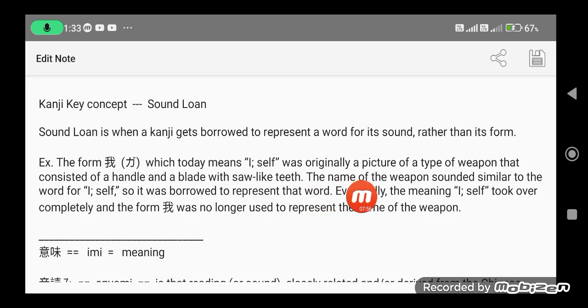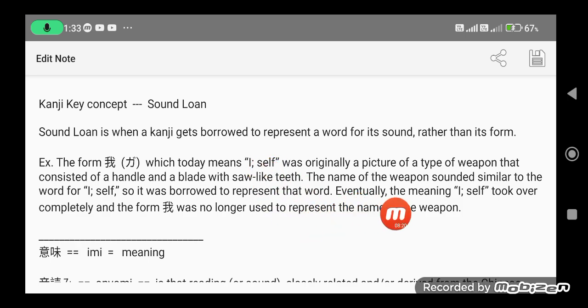The name of the weapon sounded similar to the word for I. So this character was borrowed to represent that word I.